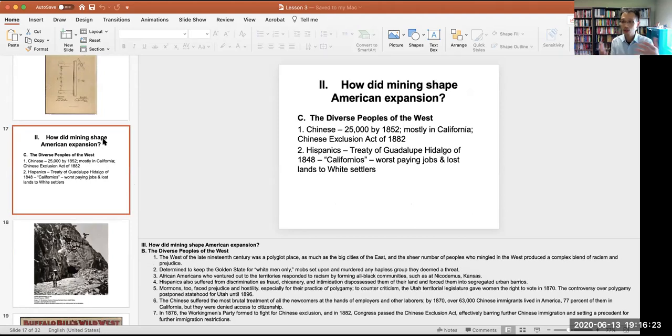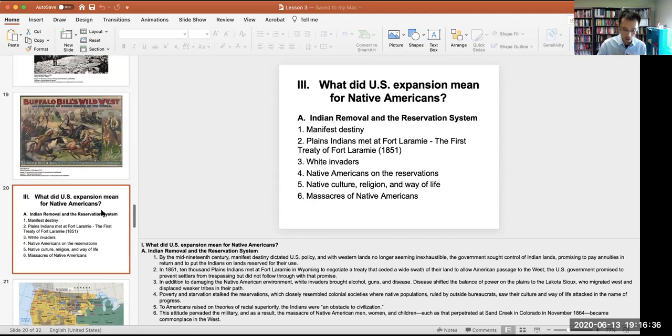So we concluded the second part of this chapter with a discussion about the policies toward Chinese immigrants and Hispanic Americans. So I want to keep that in mind because that, of course, leads very nicely to the third part, the treatment of Native Americans.